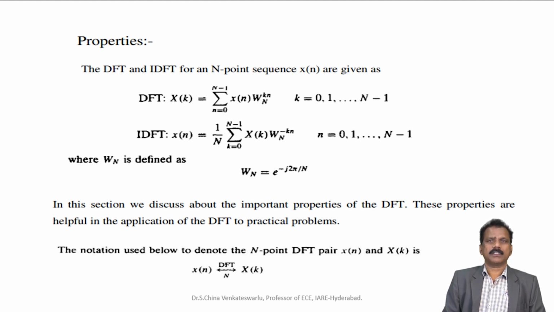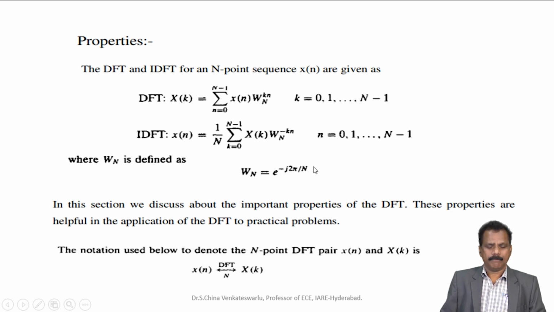The inverse discrete Fourier transform is x of n equal to 1 by N, the summation k equal to 0 to n minus 1 of x of k times the twiddle factor W N power minus kn, where n is substituted as 0, 1, 2, 3, 4 up to n minus 1. Here W N is defined as e power minus j 2 pi by capital N.